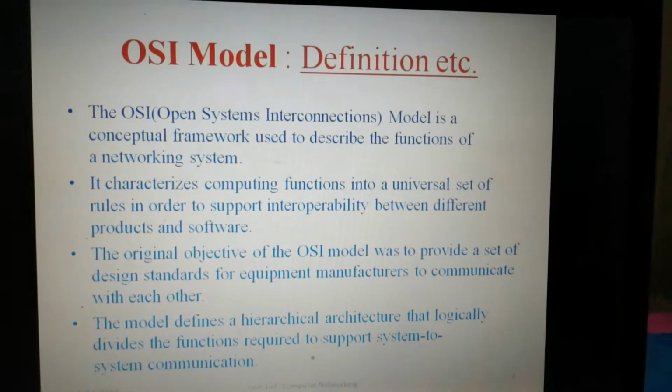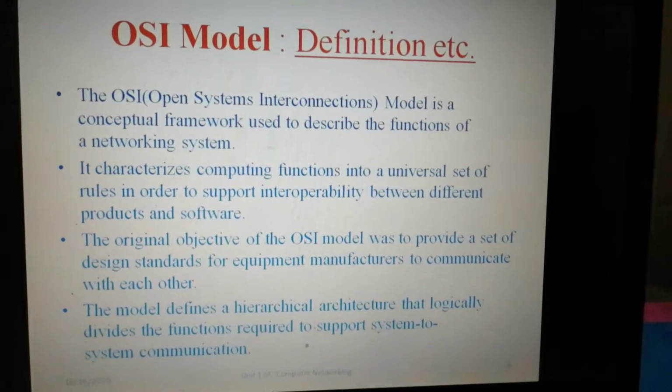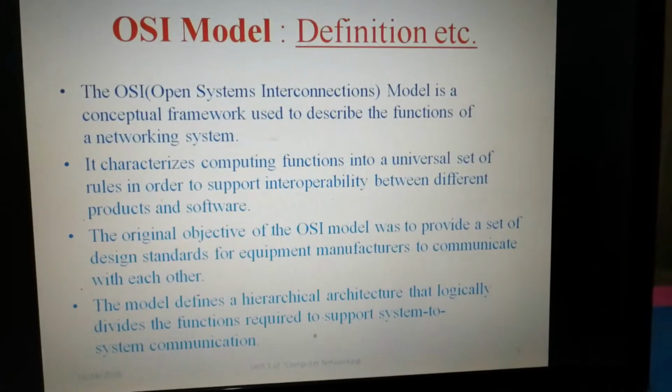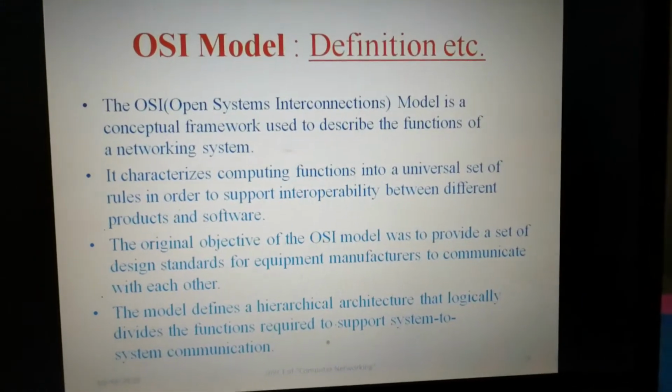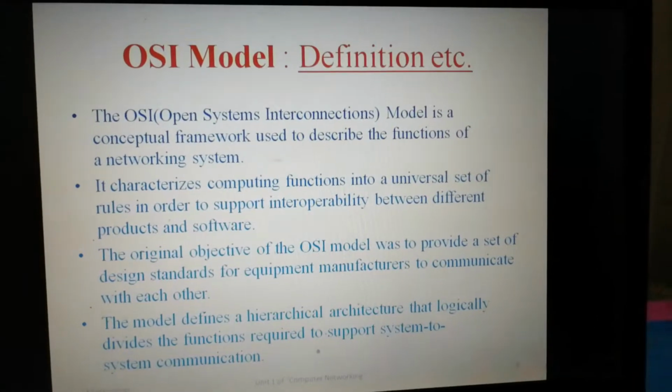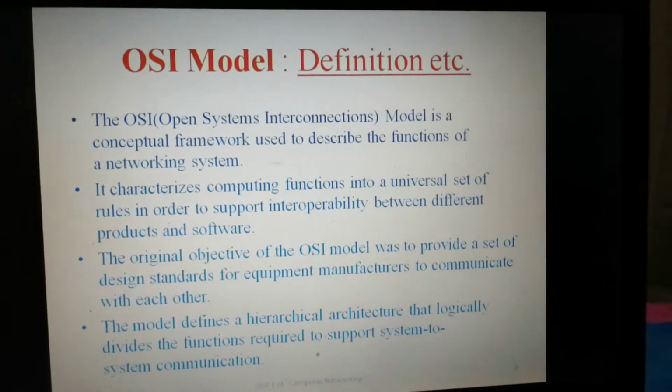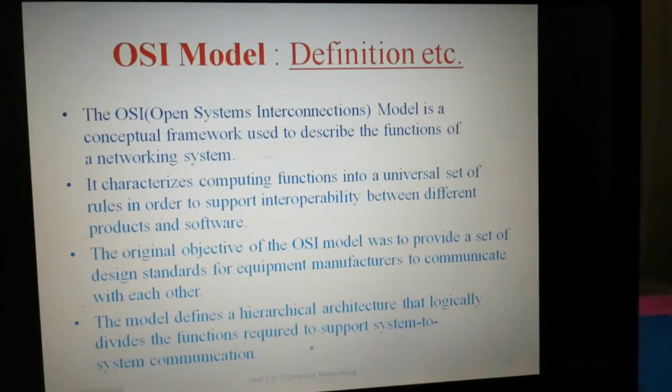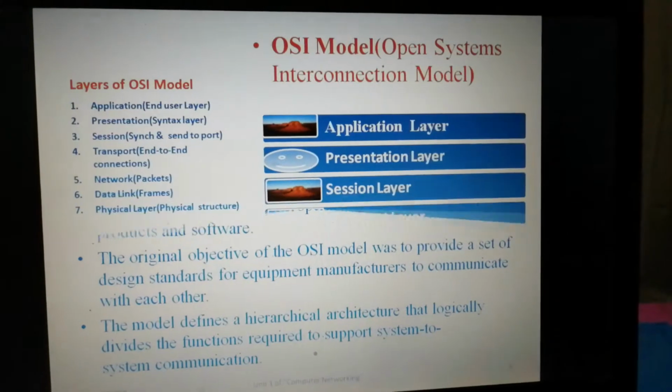They provided a set of design standards to communicate with each other. Fine. And fourth point is the model defines a hierarchical architecture that logically divides the functions required to support system to system communication. Fine. Okay.